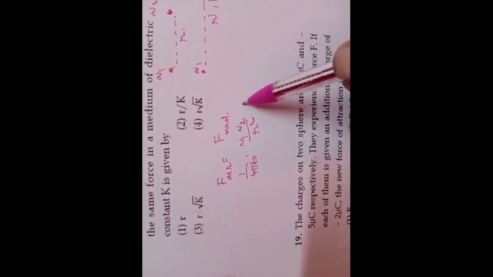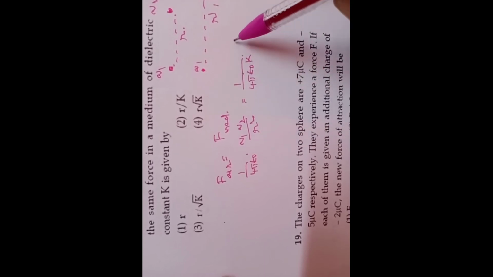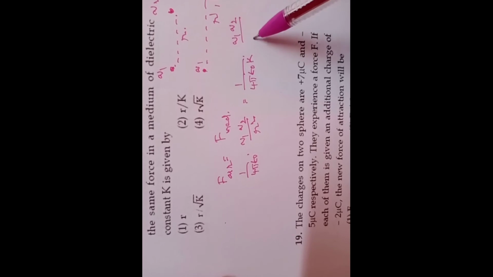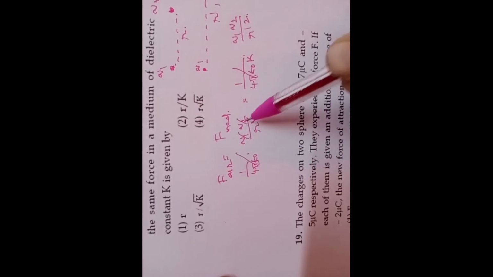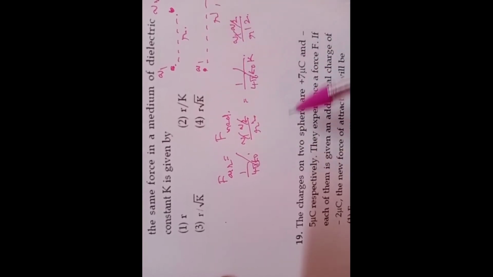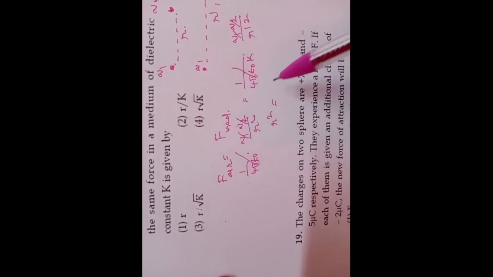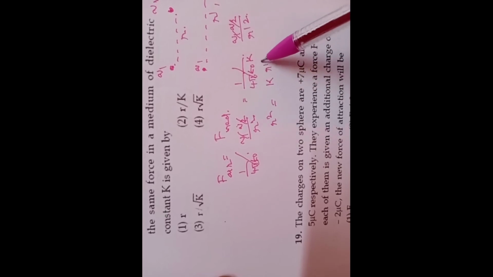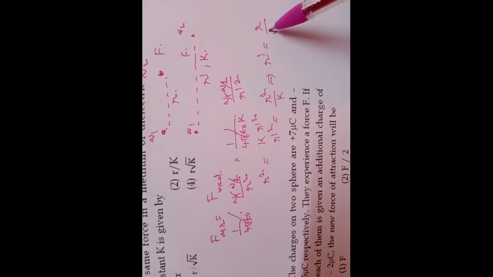The F medium formula will be 1 by 4 pi epsilon naught K Q1 Q2 by r dash square. 1 by 4 pi epsilon naught Q1 Q2 will cancel. So r square is equal to K r dash square. r dash square is equal to r square by K. From this, r dash is equal to r by root K.